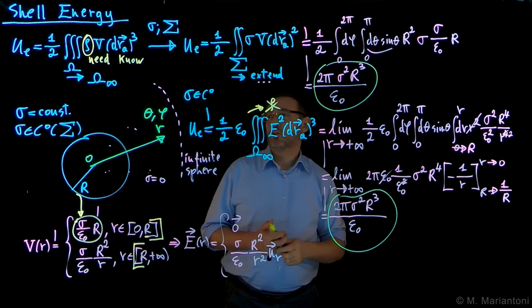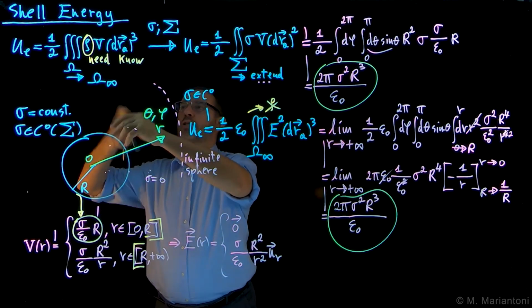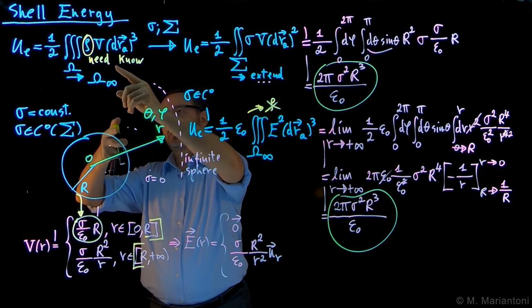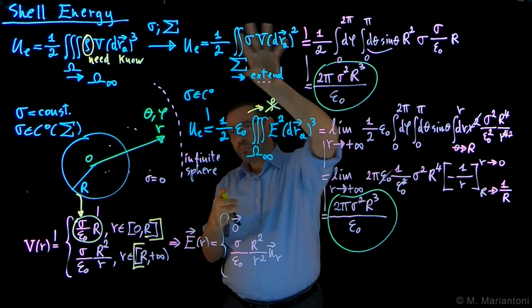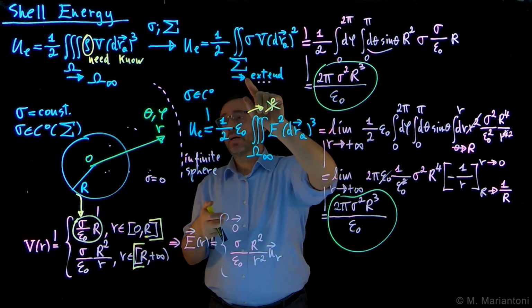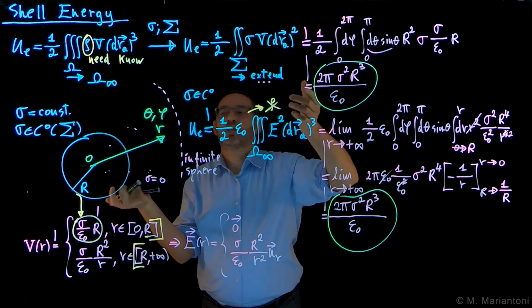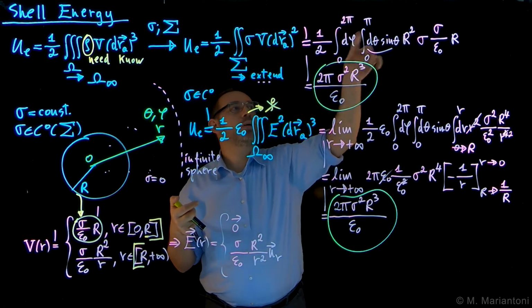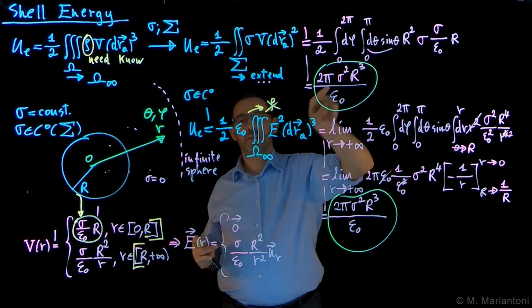In particular, to re-summarize this video, we extended our knowledge of how to find UE for continuous charge distributions from a volume to a surface to make it a little bit more spicy. Then we use this general expression for the surface, where sigma is only defined on this boundary on capital sigma. So we need only to integrate over that region up to small r equal capital R, which gives us this result.